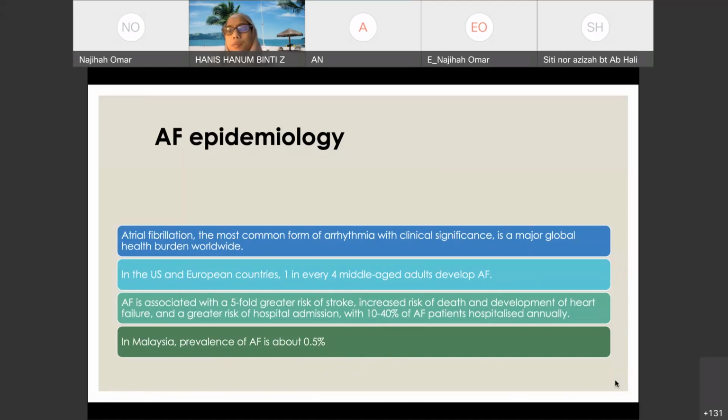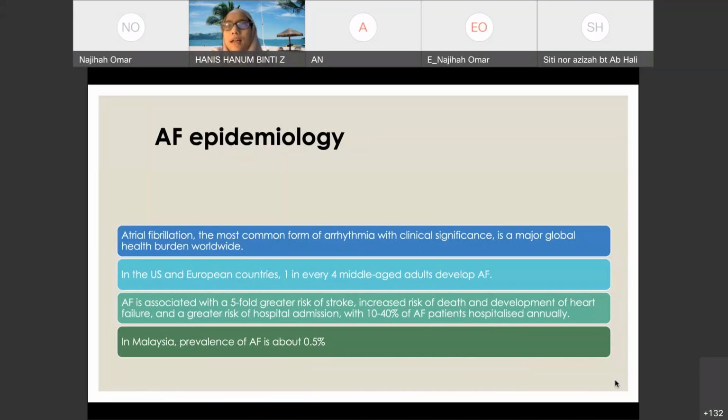Maybe people from Asian countries do not know about this. They might think, oh, it's just an irregular heartbeat, what's wrong with that? People might be anxious and have a high heartbeat, especially when we want to do something very stressful, like public speaking. Of course, our heart rate goes high, isn't it?